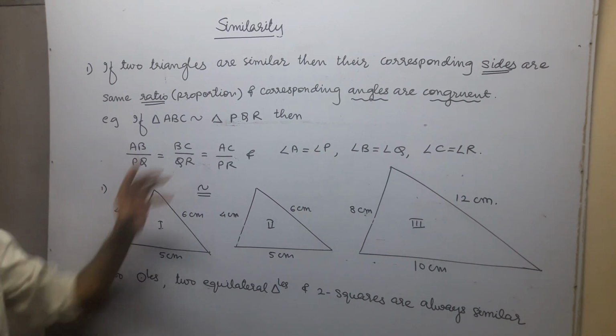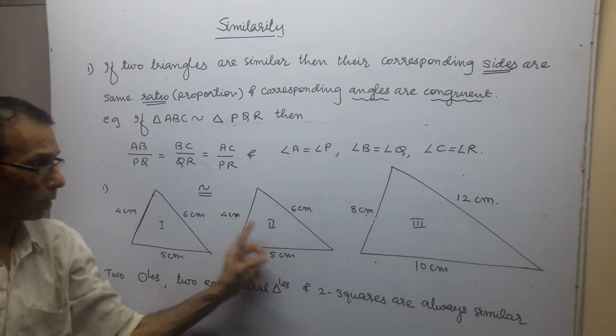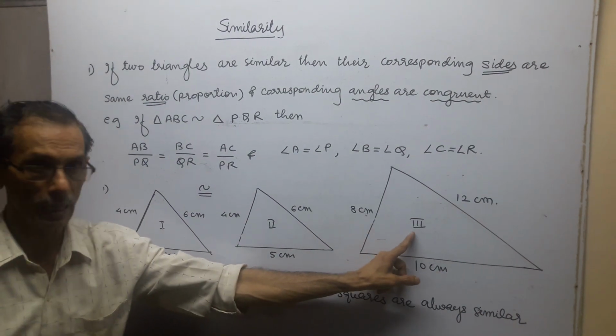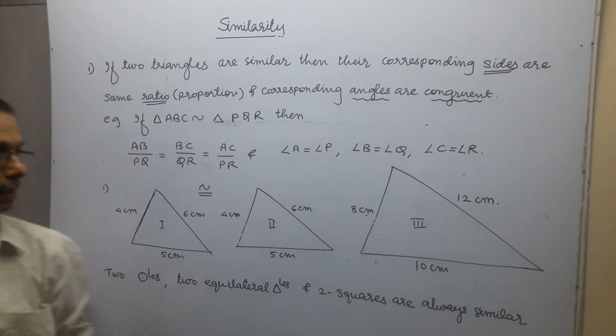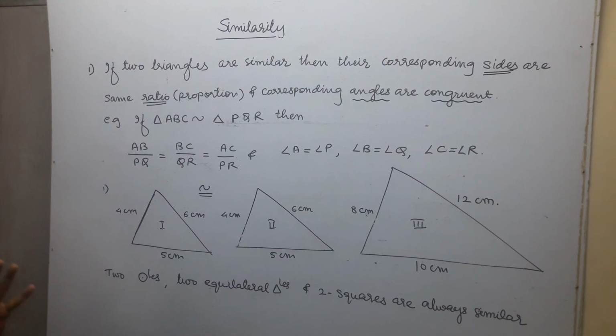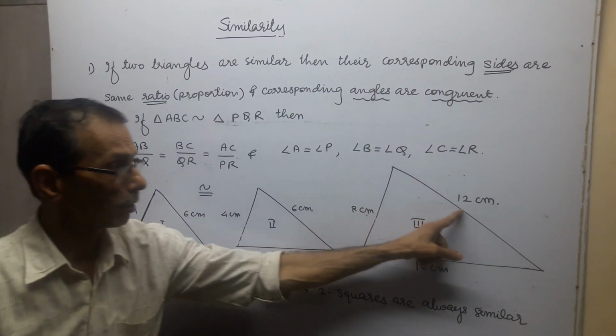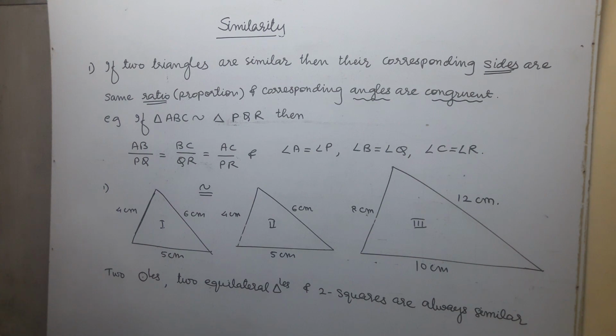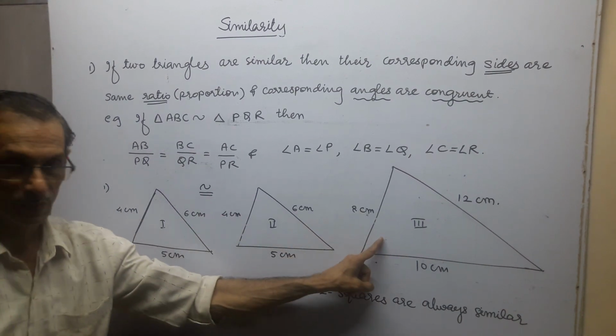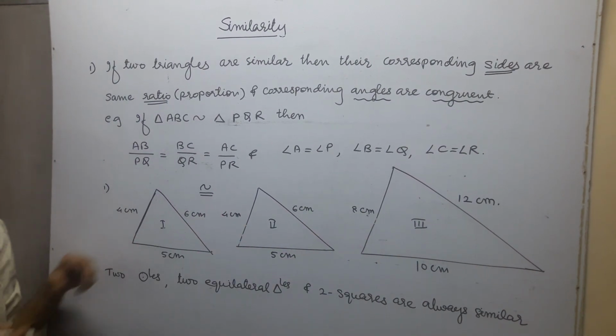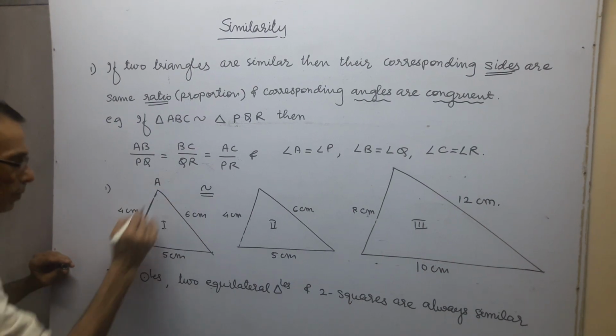Now today we are going to study similarity. Just observe the first triangle and the third triangle. What can you see? You will find that every side of the third triangle is double that of the first triangle. Let us take triangle ABC.